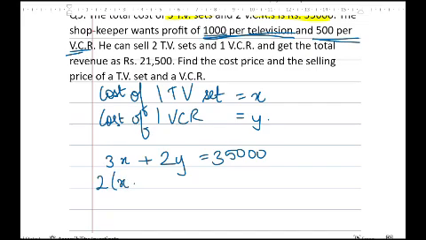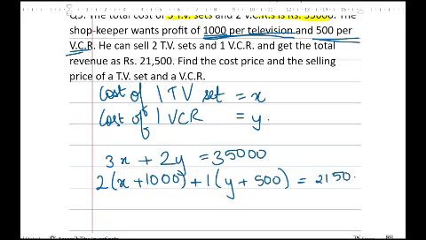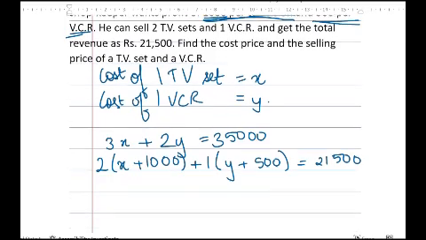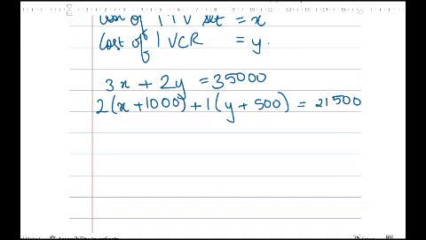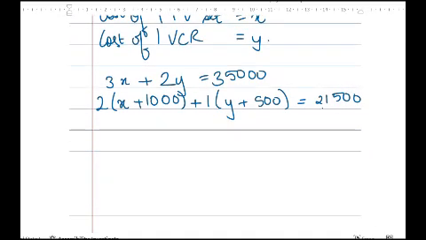So let's see, he can sell 2 TV sets. So that's X plus 1,000 now. And 1 VCR. To get a total of 21,500. Revenue means it doesn't mean just the profit or something. It means the complete amount that he is getting is this much. So let's simplify the second equation.